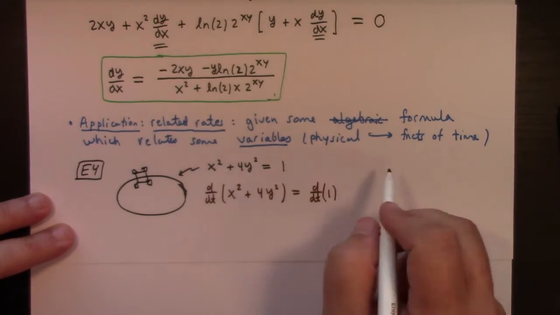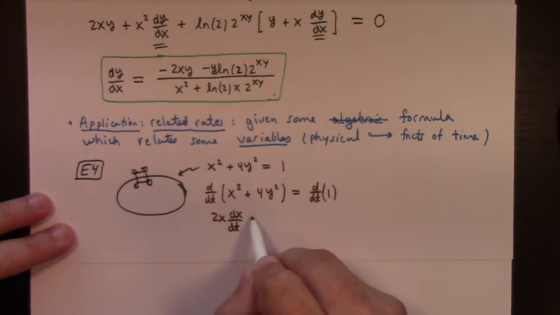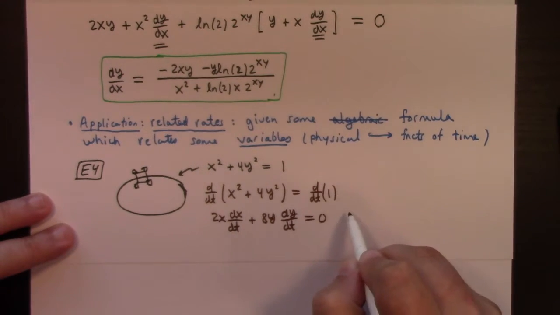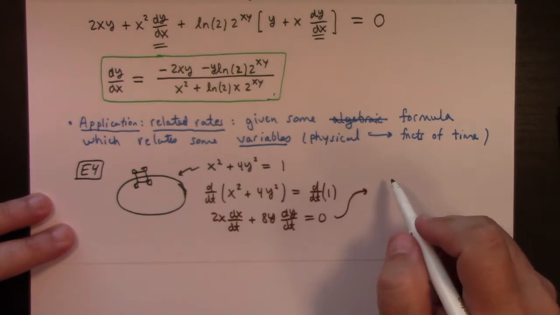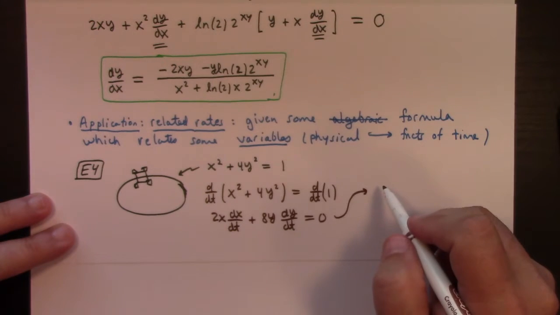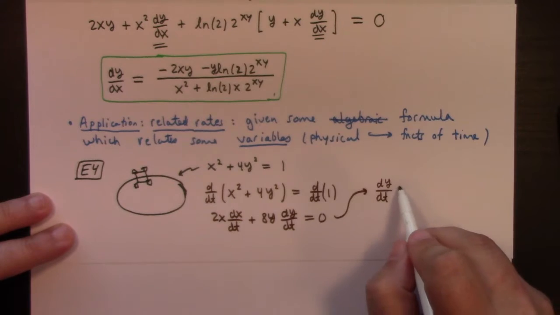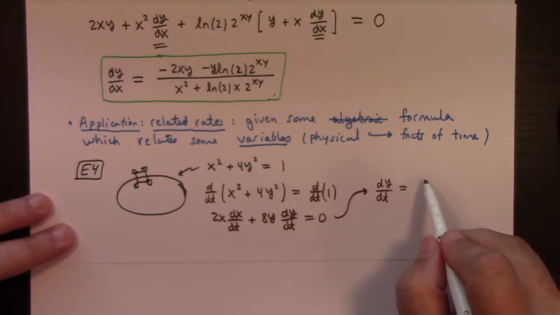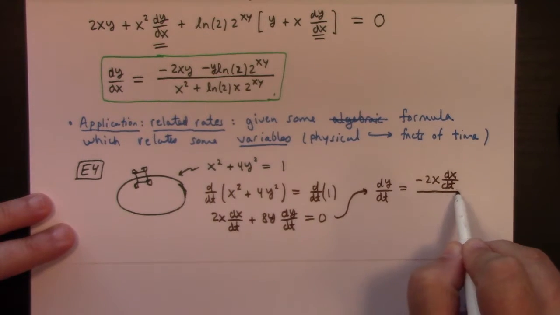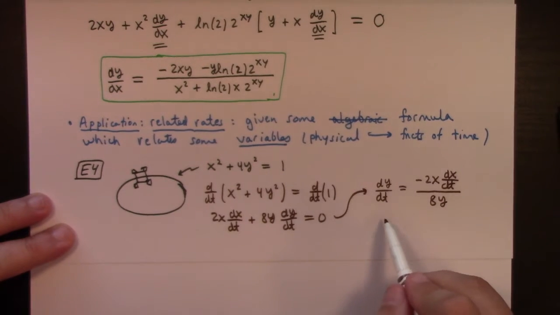But that's no problem because we know calculus, and so we got ourselves 2x dx/dt plus 8y dy/dt equals 0. And so the relation between dx/dt and dy/dt is simply that. So I guess I can solve for dy/dt. dy/dt is equal to minus 2x dx/dt divided by 8y, except for when y is equal to 0.